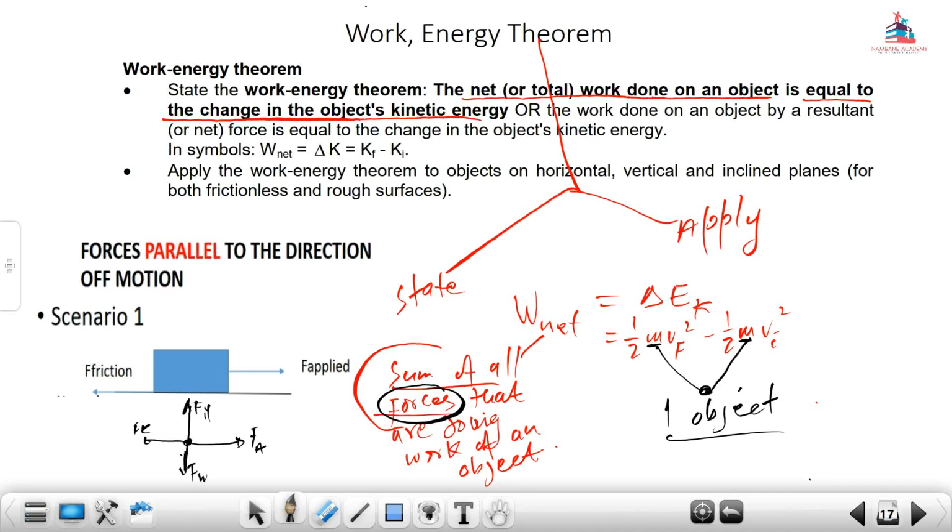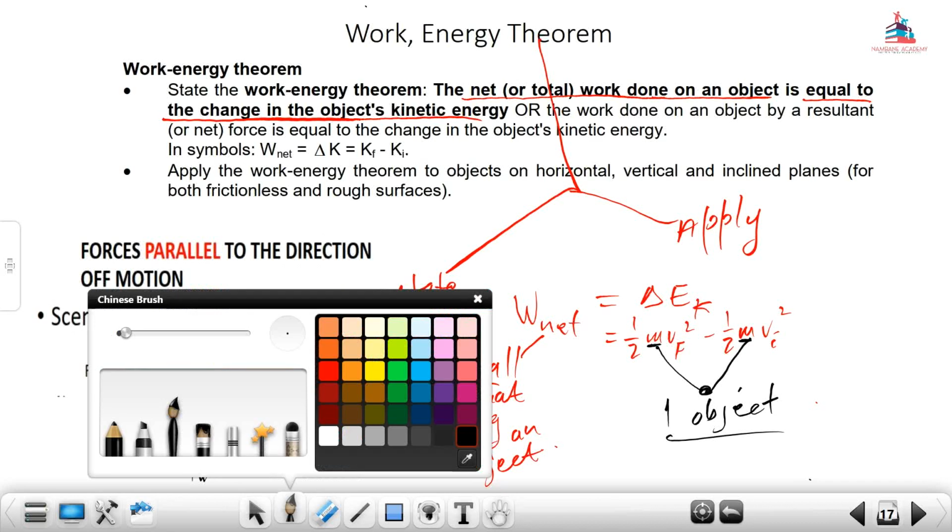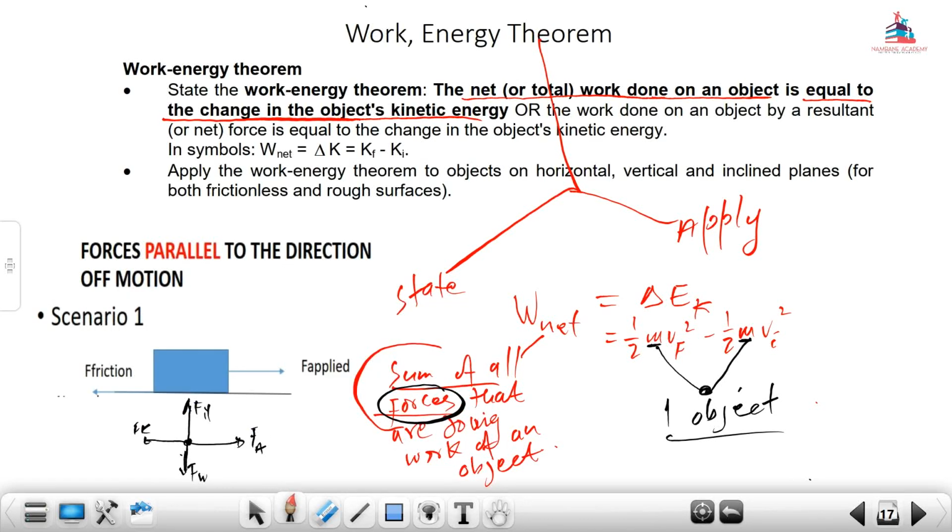I want to explain this, because we are working with net work. Remember, the first topic or concept we did was work. In the video, we explained that we need to draw a free body diagram. Now that I have identified that there is a frictional force, I won't be able to apply the conservation of mechanical energy.